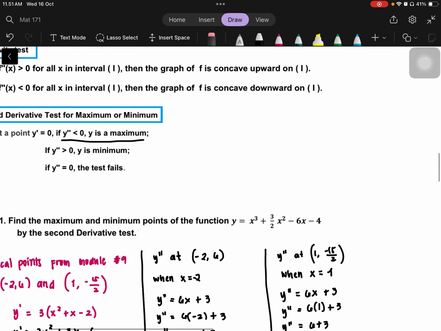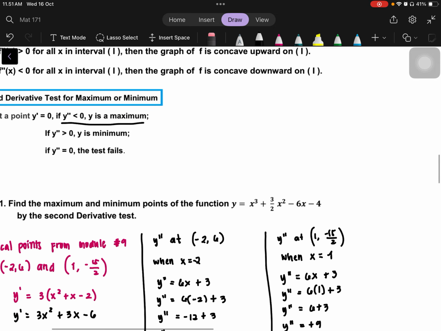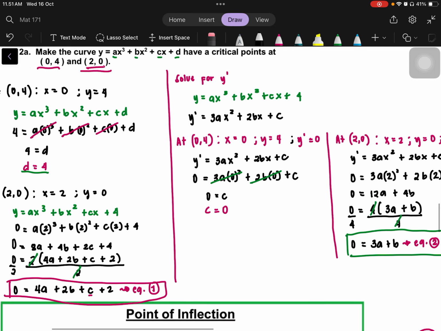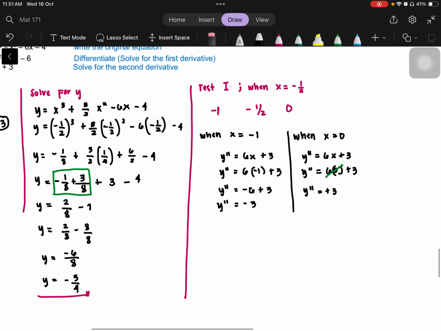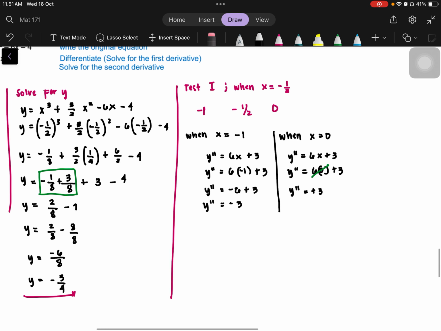Pag nag-negative ang double prime, siya ay maximum o minimum? Pag negative, siya ay maximum. Pag positive, siya ay minimum. Okay, so ibig sabihin, ang magiging graph niyan, kung titignan natin, is that pag ganito siya. Okay, tapos ito yung point of inflection natin.